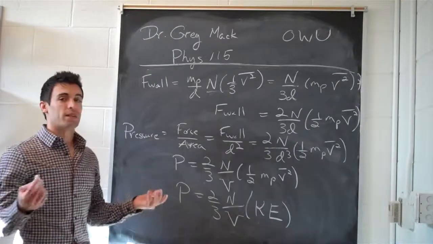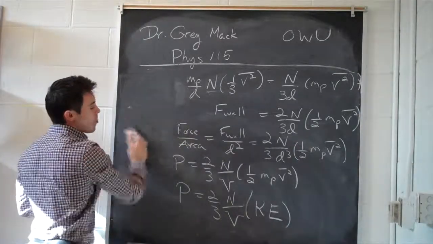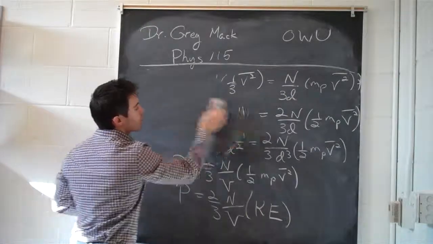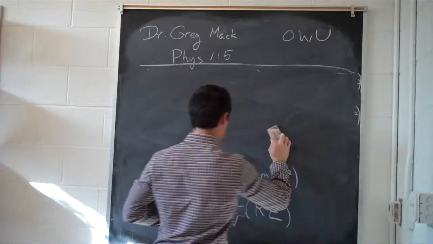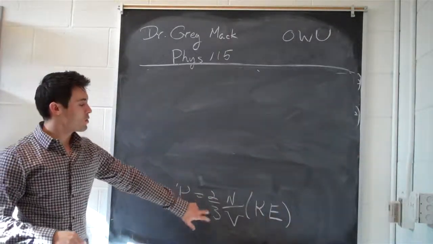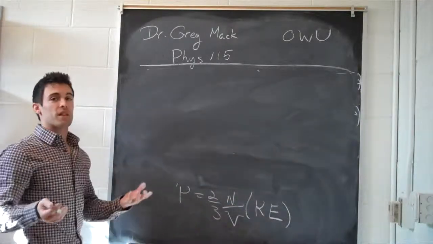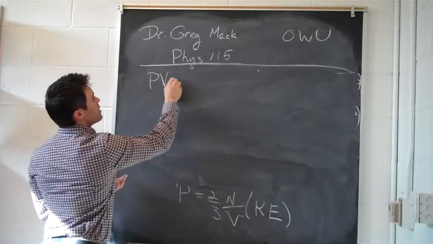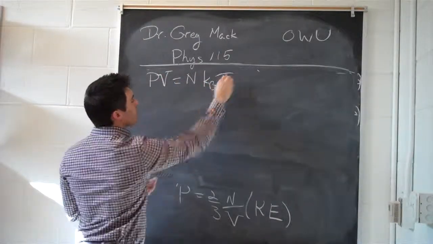So how is this related to temperature? Well, let's find out. P equals 2/3 N over volume times the kinetic energy. But because it's an ideal gas, we also know that PV, the volume, is equal to N kBT.